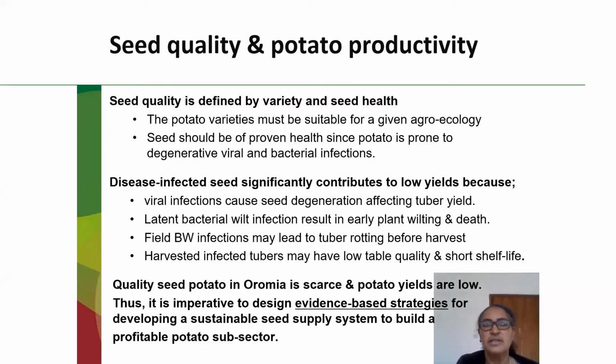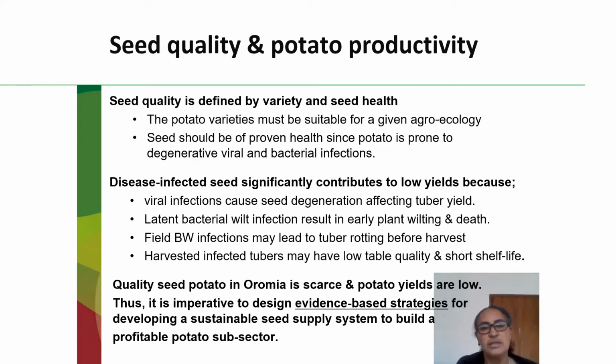And disease-infected seed significantly contributes to low yield because viral infections cause seed degeneration, affecting tuber yield. Latent bacterial wilt infection in the seed also results in early plant wilting and death, and field bacterial wilt infection may lead to tuber rotting before harvest, and after harvest, infected tubers may also have a low table quality and short shelf life while storing.